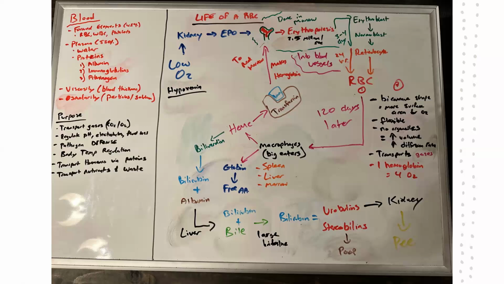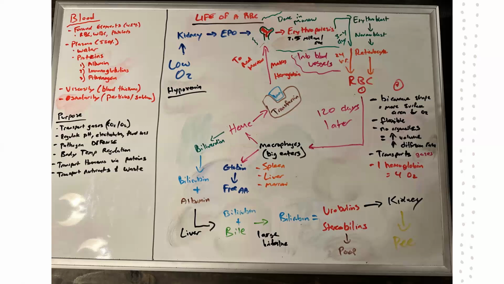And over 120 days, the red blood cell really struggles to keep up its function of transporting oxygen and CO2. And so essentially, the red blood cell after 120 days is so used up that the body decides to recycle it. Again, this process typically happens in the spleen, the liver, and in our bone marrow.